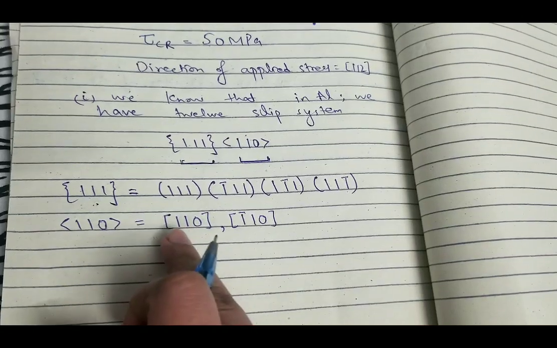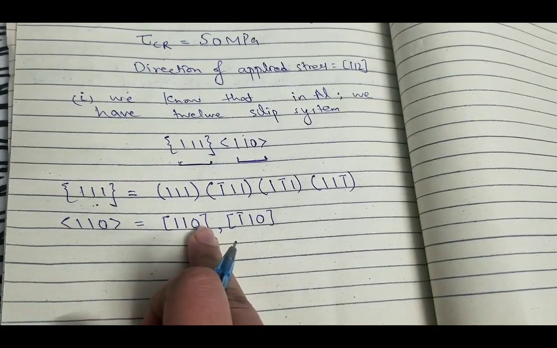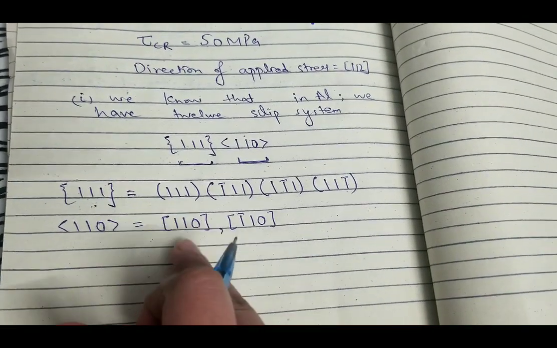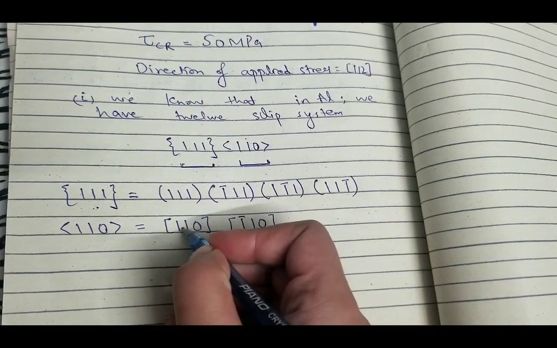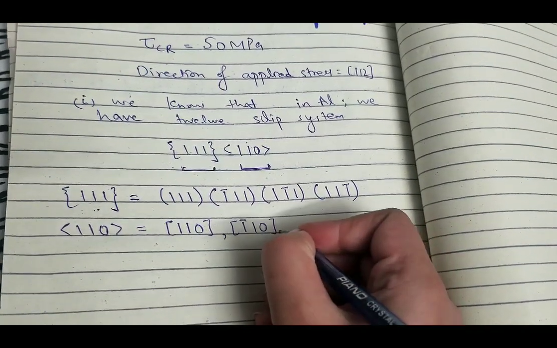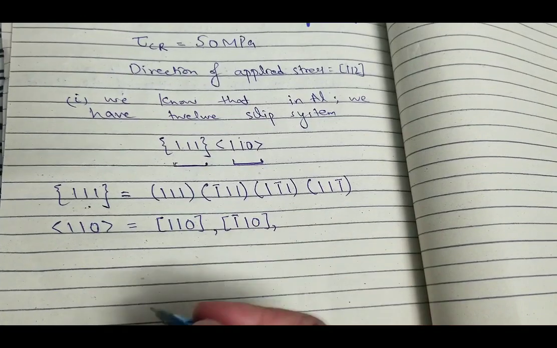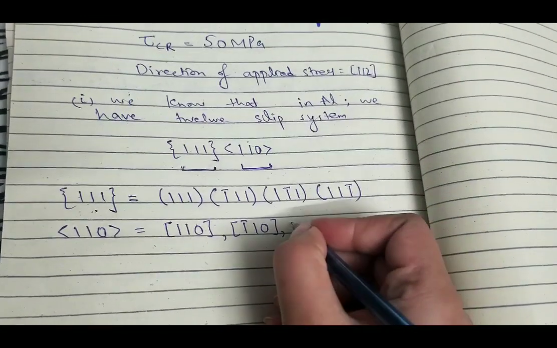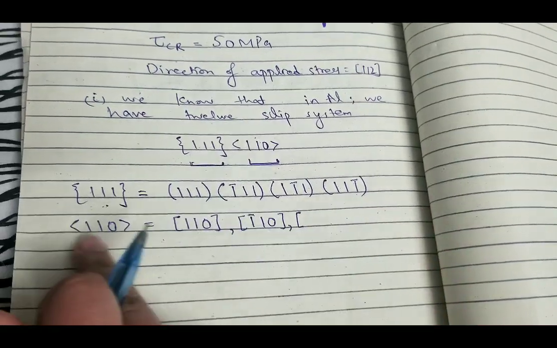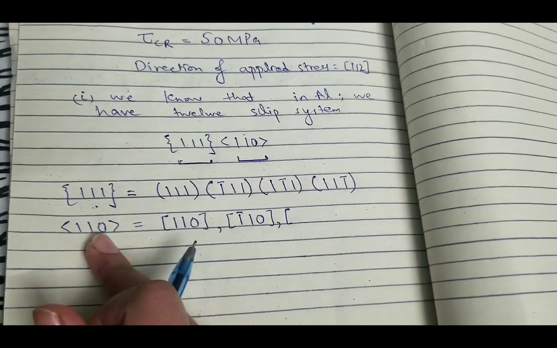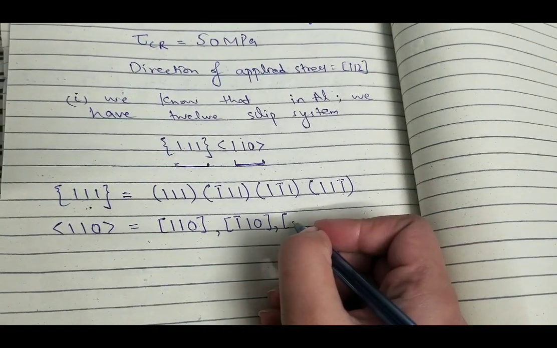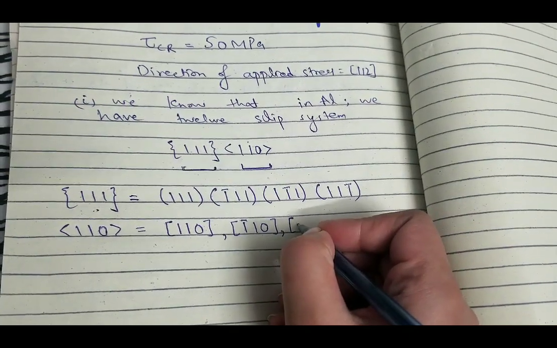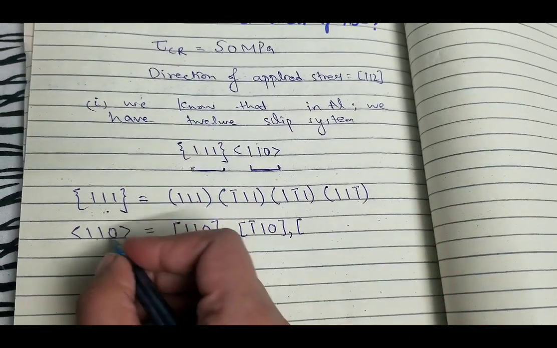A similar arrangement of indices is taken, but one as all positive and one with one of the indices negative. Only one index should be taken as negative, either this or this. After that, one more equivalent direction is possible, in which we have another arrangement of the numbers 110.